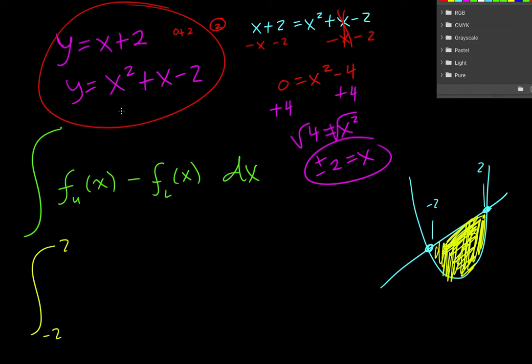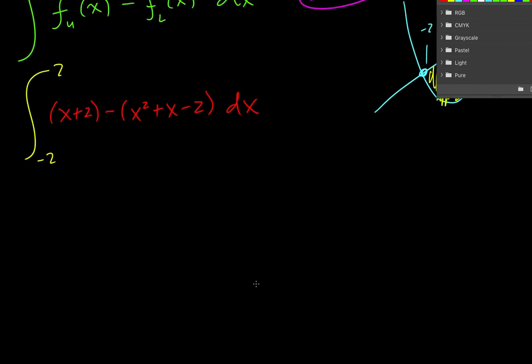If I plug in a 0 here, I get 0 squared plus 0 minus 2, and those simplify to negative 2. Since 2 is greater than negative 2, this is the upper function. And so we get the integral of x plus 2 minus x squared plus x minus 2 dx.